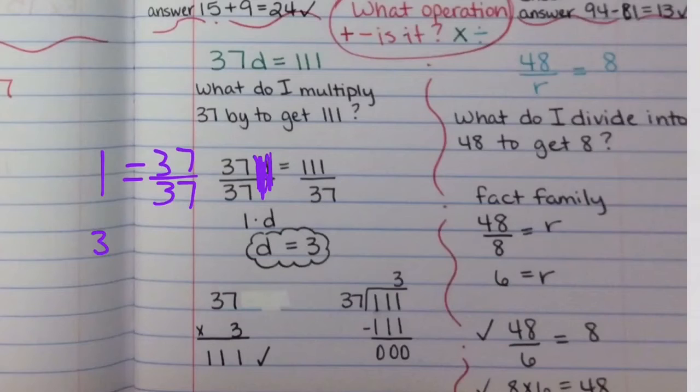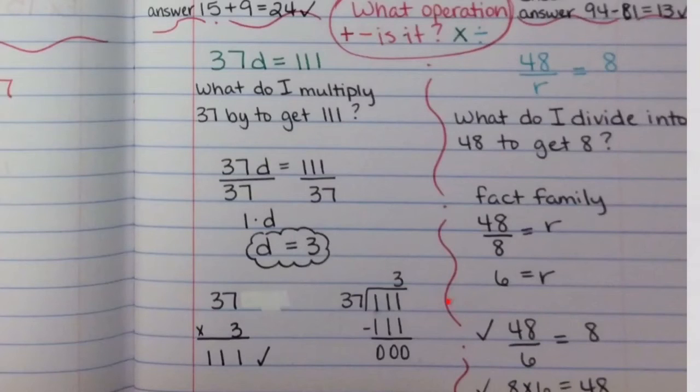If you were to divide 37 by 37, the answer would be 1. So all we're looking at right here is that that's going to be 1 times d now. Okay? We're going to divide this other side by 37 as well. If we do it on one side, we're going to do it on the other. Okay?